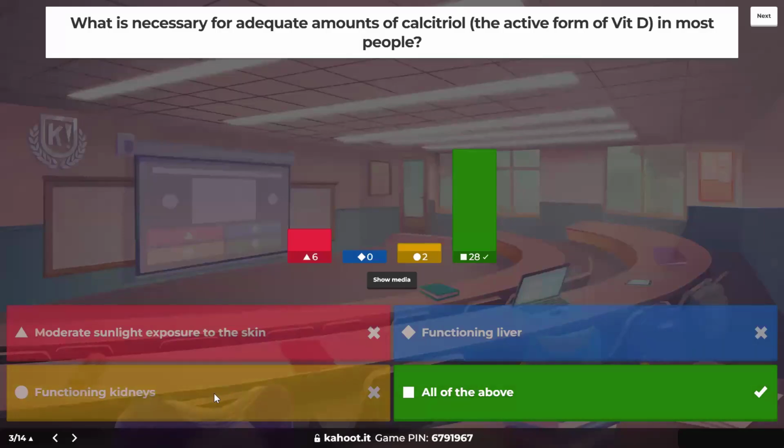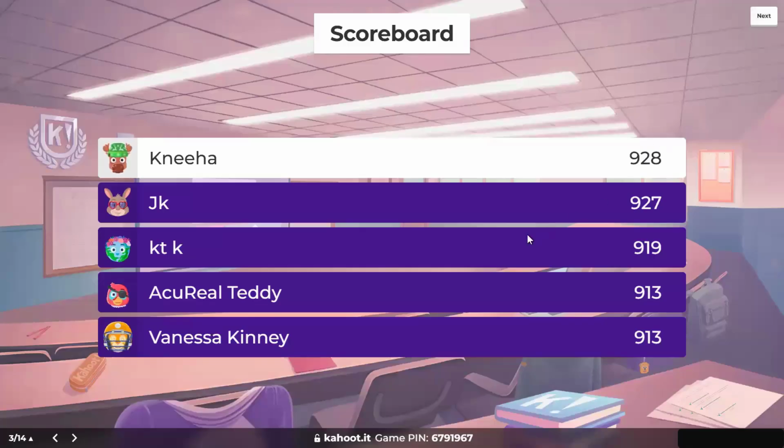Yeah, you have to have a functioning liver, functioning kidneys, because whether you get dietary source or sunlight, it's got to go through those hydroxylations in the liver and then the kidney. So all of the above is correct.